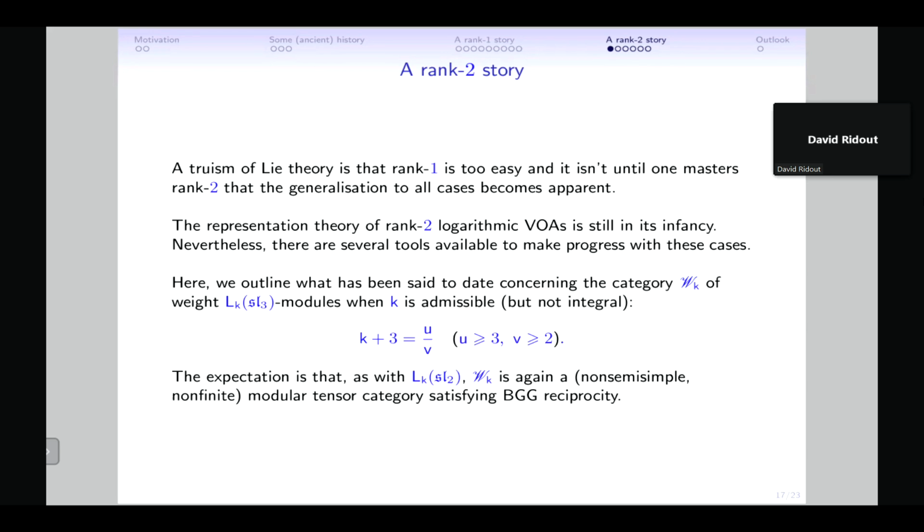But now you have two steps to go. You have to pass from the principal reduction up to the minimal reduction. So that's already adding one degree of complication. And then to get the next degree of complication, you have to pass from the minimal back to the affine case. So there's more complexity in the value of V than there is in the value of U for that reason.